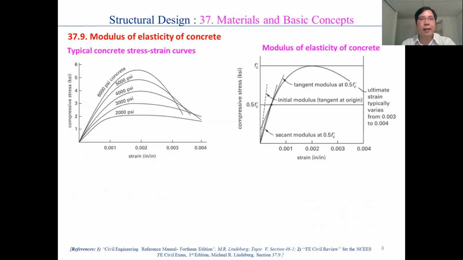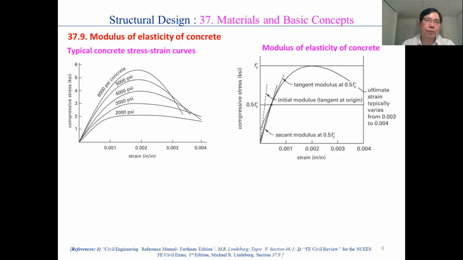Now, in this slide, I will present to you the theory about the modulus of elasticity of concrete. So, in this figure, you can see the typical concrete stress-strain curve for different concrete with the strength varying from 2000 psi up to 6000 psi.